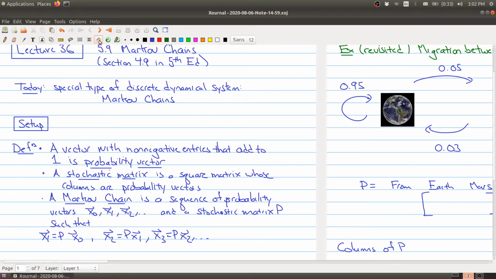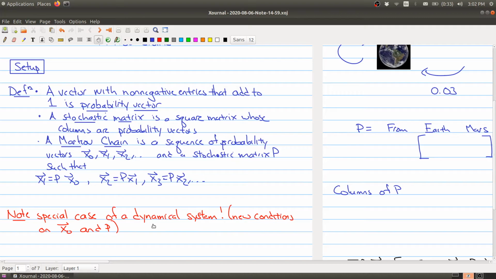So really what we're looking at is a special case of a dynamical system. The new condition is on x0: it has to be a probability vector. The other new condition is that the matrix A in our dynamical system is a stochastic matrix, which means that all of the columns are probability vectors themselves.